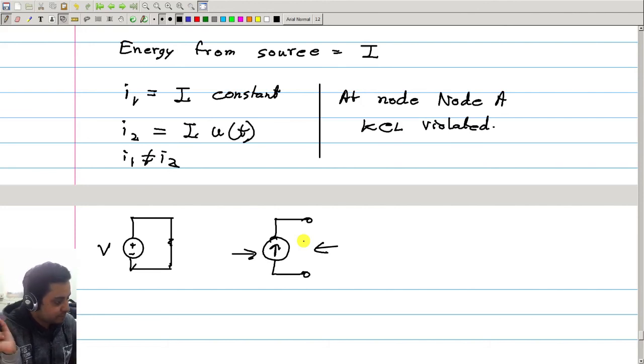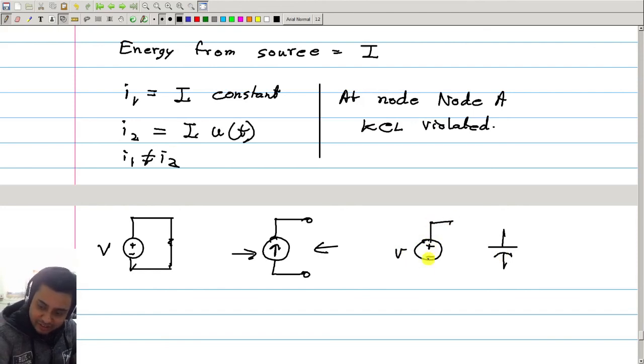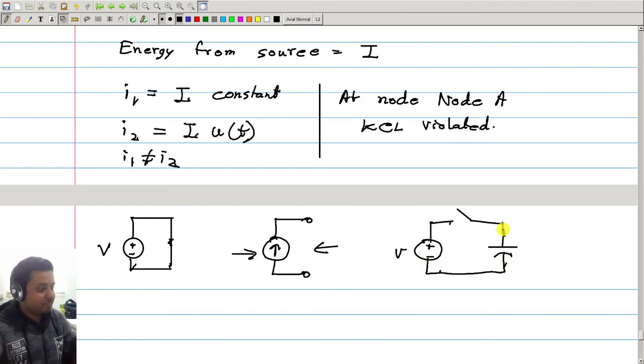In the same way, can we say that we can't connect a capacitor directly to a voltage source, because it will violate energy conservation? Excellent. If I have a capacitor with 0 voltage and a voltage source, you cannot short it. The moment you short it, from this side it's 0. Yes, KVL would be violated.